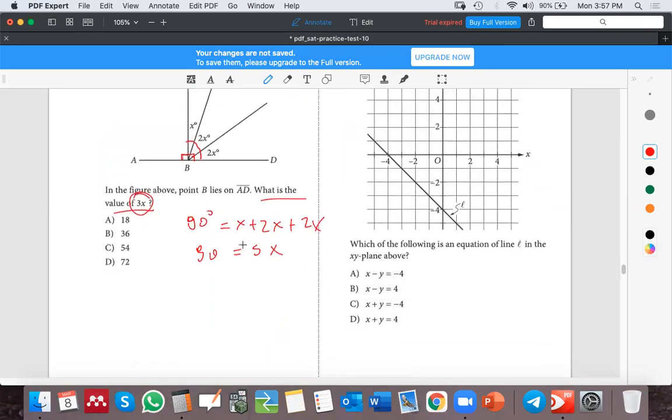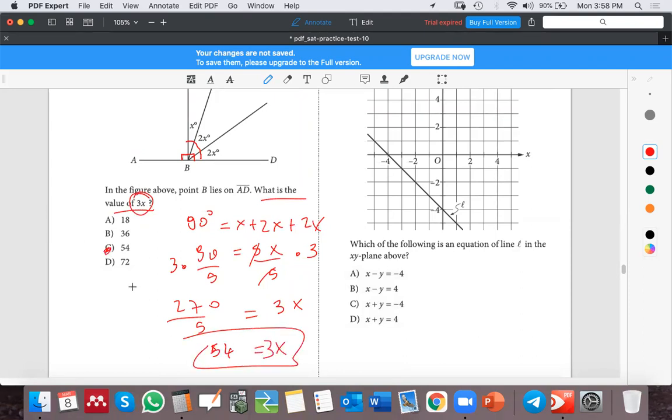What should I find? 3x. Divided by 5, it will be x. Multiplying by 3, it will be 3x. So 3x will be 270 divided by 5, which is 54. 3x is 54. That's it. Okay.